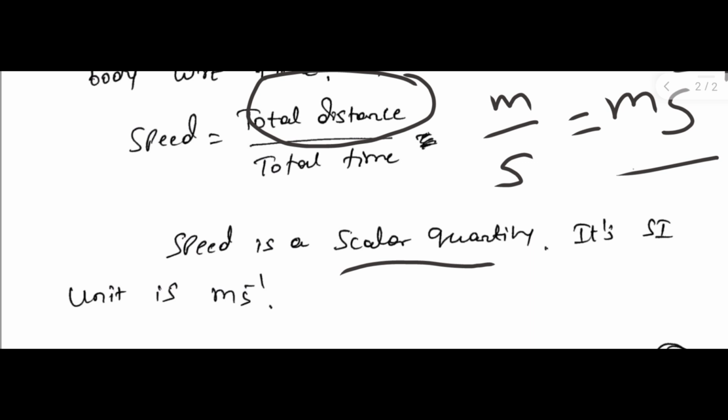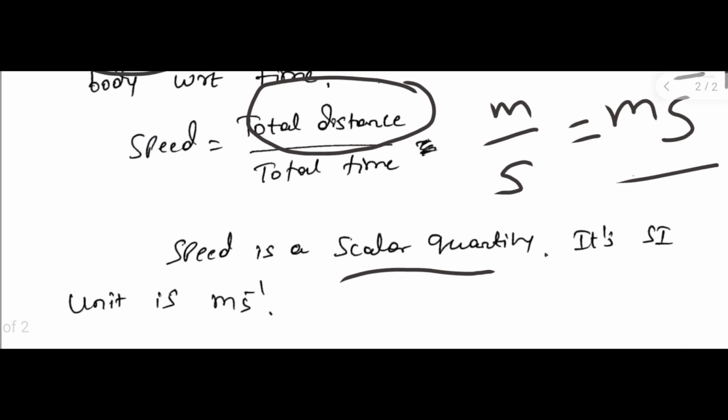For example, in a government bus, we observe that the speed limit is 60 km per hour. The bus may travel in any possible direction at 60 km per hour. There is no direction mentioned. If we mention the direction to a bus, the bus must travel in a particular direction.